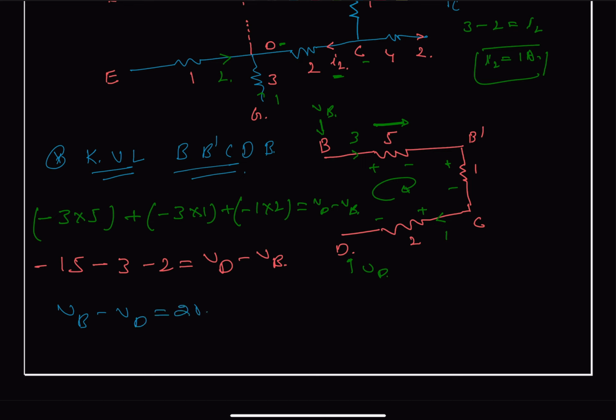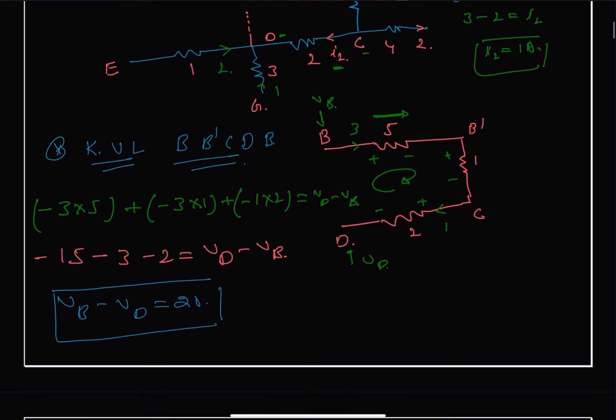So it means this is the potential drop across the capacitor, okay, because here we were having a capacitor. So you can say this is the potential difference across capacitor, and we need to find out the energy through the capacitor.